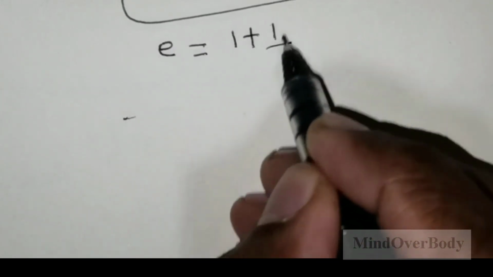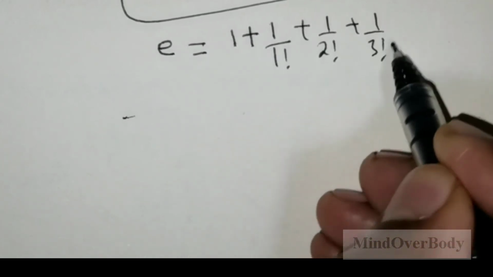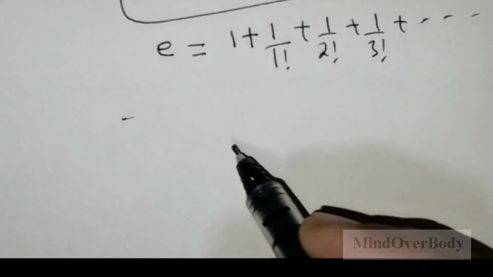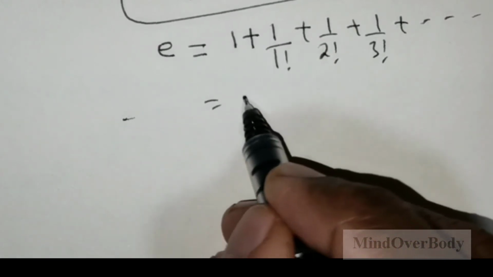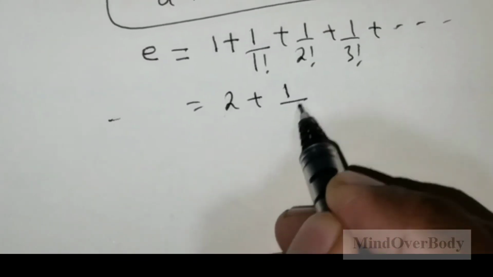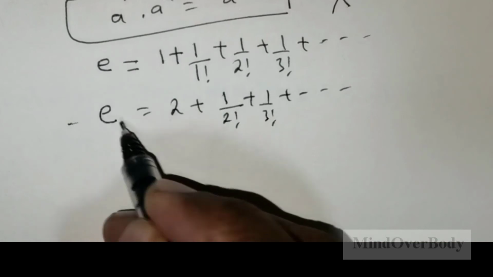We can do that. Now having done that, if we are to look into the Taylor series expansion for e, it is nothing but 1 plus 1 over 1 factorial plus 1 over 2 factorial plus 1 over 3 factorial etc. This can be rewritten as 1 plus 1 over 1 factorial, which is going to be 2, plus 1 over 2 factorial plus 1 over 3 factorial plus etc. On the left we got e.